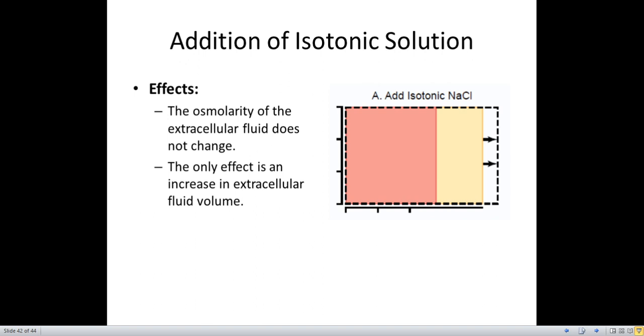In the figure shown opposite, the normal state is indicated by the colored boxes and the shifts from normal are shown by the interrupted lines. So there is only an increase in the extracellular fluid volume.